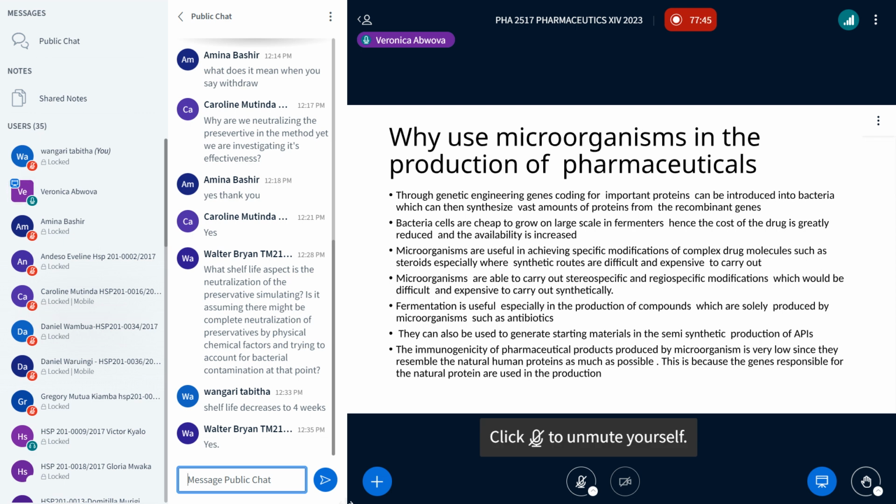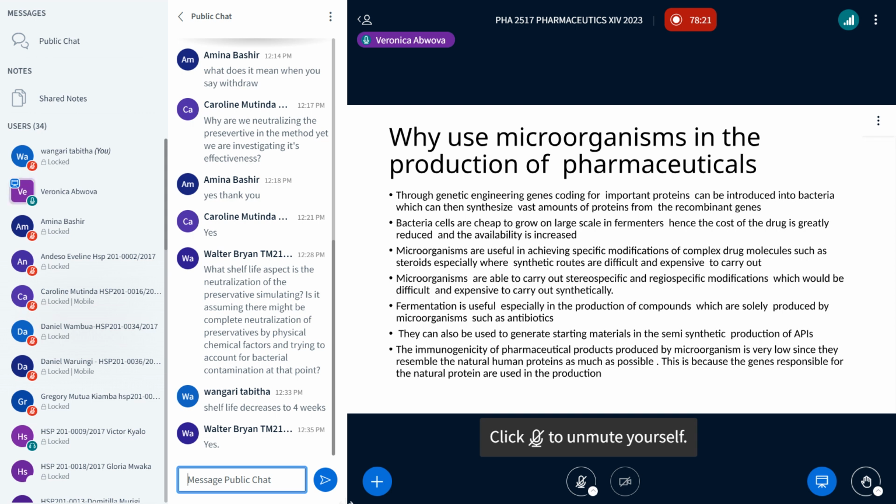Next, microorganisms are useful in achieving specific modifications. When you think about complex drug molecules, especially when you look at production of drugs through synthesis, one of the things you'll appreciate is that synthesis of simple molecules can be very straightforward.